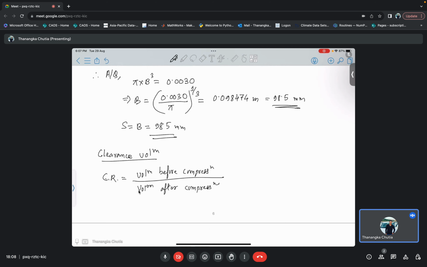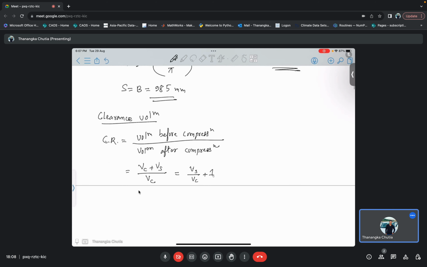Volume before compression is Vc plus Vs, and volume after compression is Vc, and this can be written as Vs by Vc plus 1. Therefore Cr minus 1 is equal to Vs by Vc. So this gives Vc equals Vs divided by compression ratio minus 1.